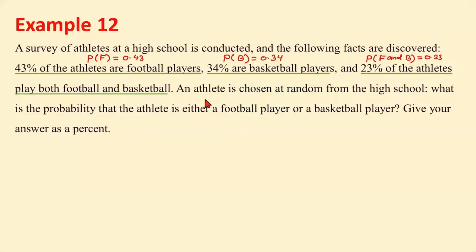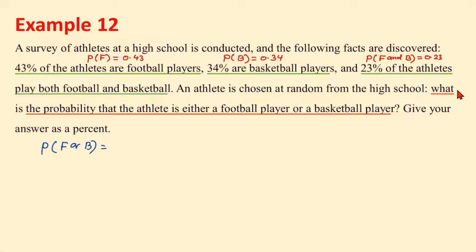Now the question is, if an athlete is chosen at random from the high school, what is the probability that the athlete is either a football player or a basketball player? So now what we want is the probability that the athlete chosen is either a football player or a basketball player.